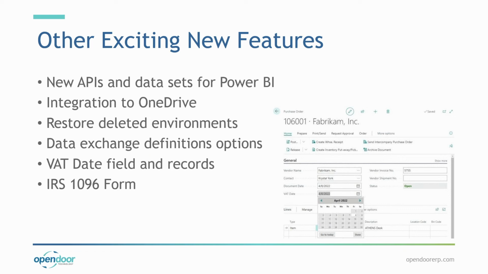Integration to OneDrive is a new feature that you'll be able to activate. When you do activate this integration, what happens is that when you send to Excel, a copy of the file will be sent to your Business Central folder on OneDrive for safekeeping.